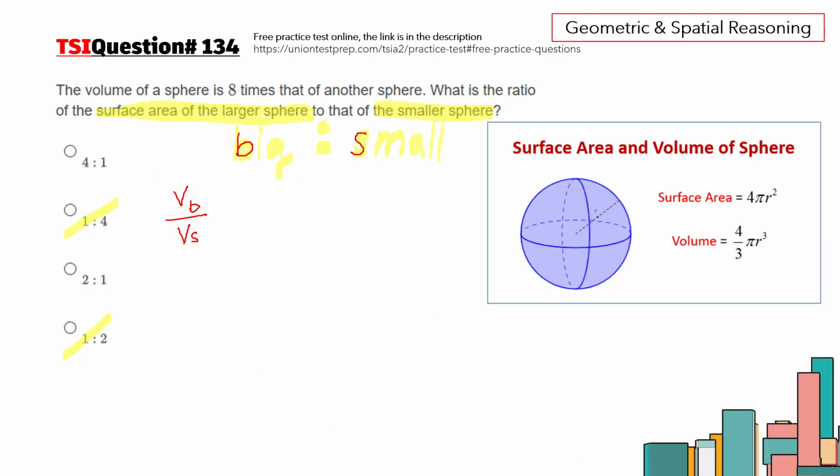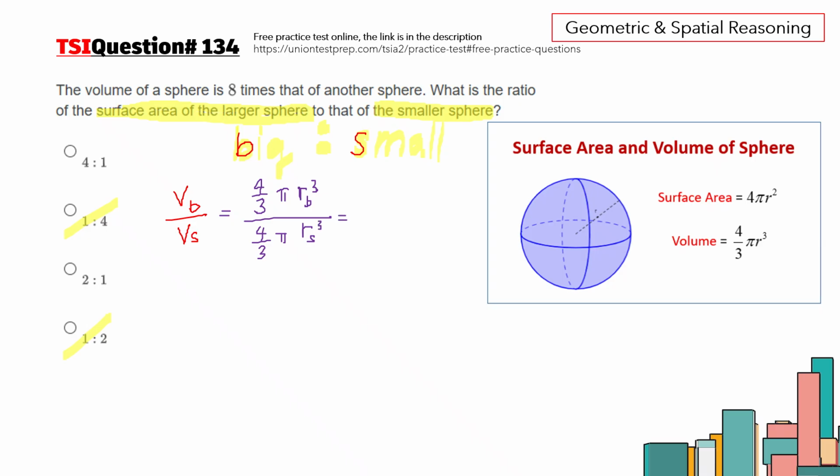We know the formula is 4 over 3 pi r, the radius of the bigger sphere, cubed, over 4 over 3 pi r, the radius of the smaller sphere, cubed.